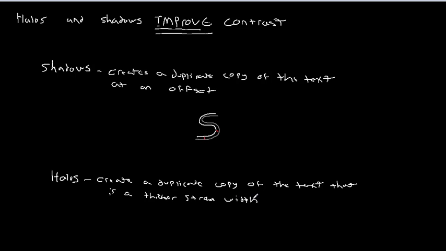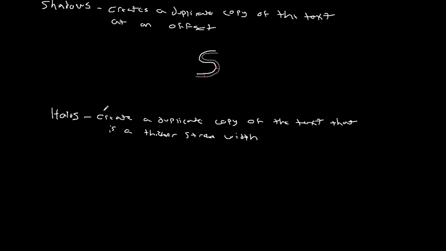If you remember back to our discussion on fonts, stroke width is the width of the lettering. And so I'm going to scroll down a little bit and I'm going to do the same thing here to show you what that looks like. So if we draw our same letter S here, a halo would look something like this when it was done.